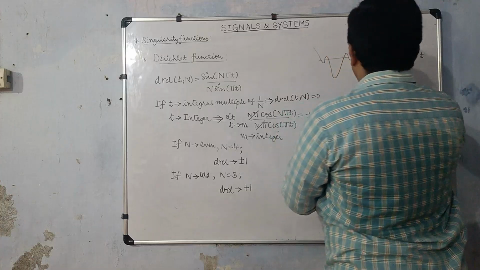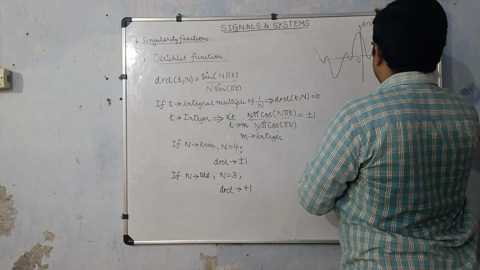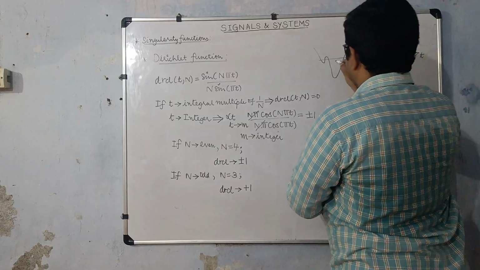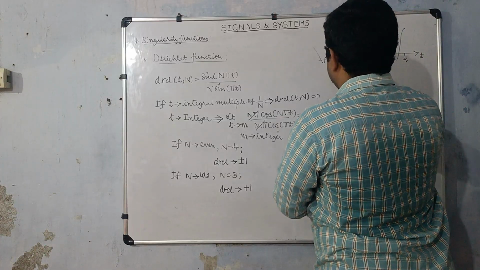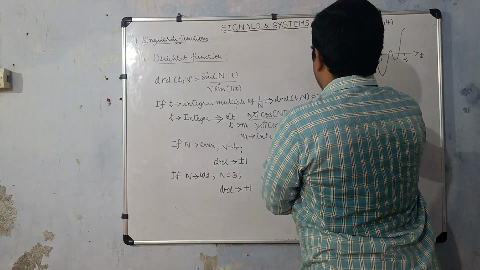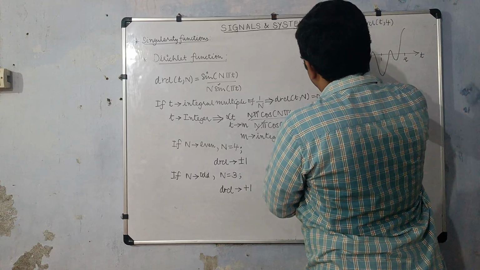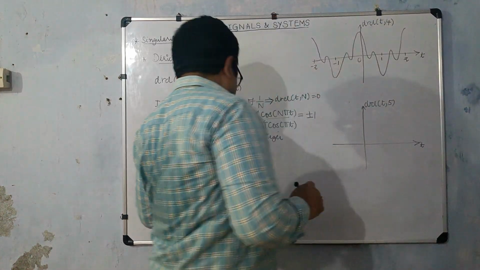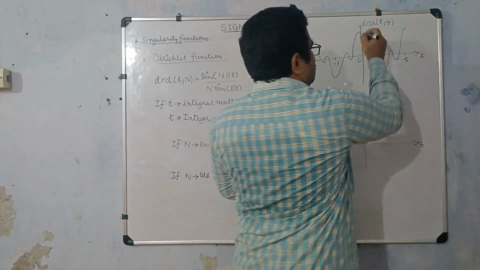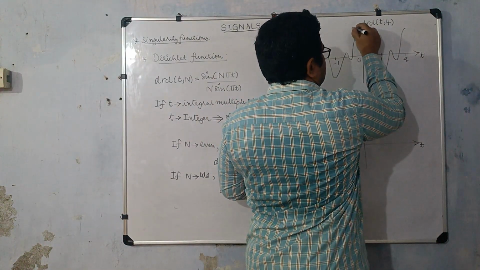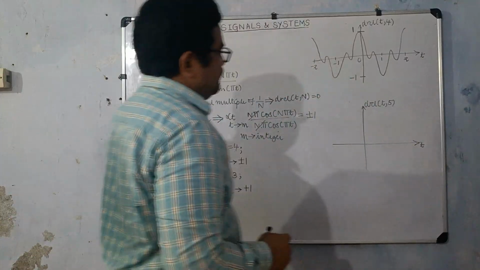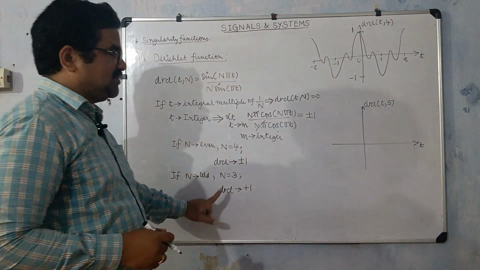This is my 0, this is 1, this is 2, and this is minus 1, this is minus 2. So when n is even, it will take either plus 1 or minus 1. But when n is odd, it will take only positive values.